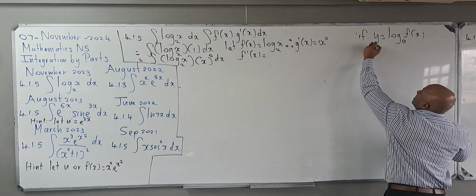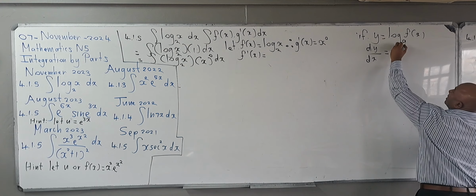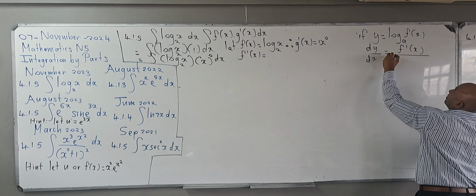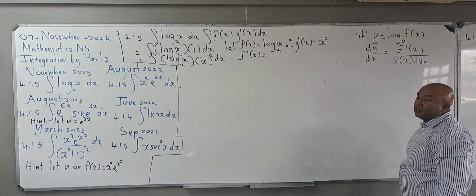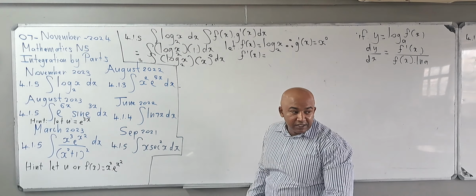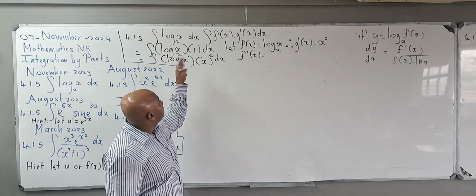So dy over dx, the first derivative of log, is going to be f prime x all divided by f of x times ln a. It was in N4, it's not directly in N5. Memorize it so it'll be easier than converting to ln.